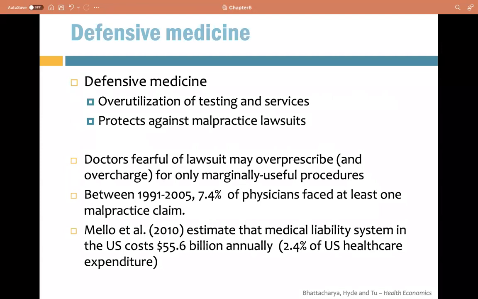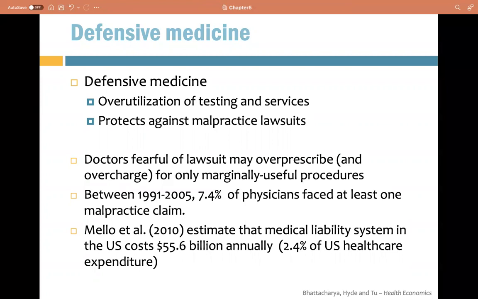Another perspective of these different practice incentives is called defensive medicine. This is more obvious in the United States, where overutilization of testing and services can protect physicians against malpractice lawsuits.